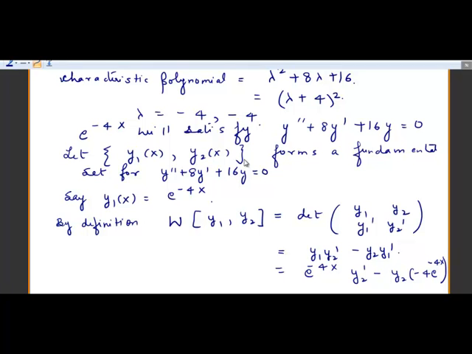Okay. Now in the process of reducing the order, I will make use of two things. One, the definition of the Wronskian. Second, the form of the Wronskian.